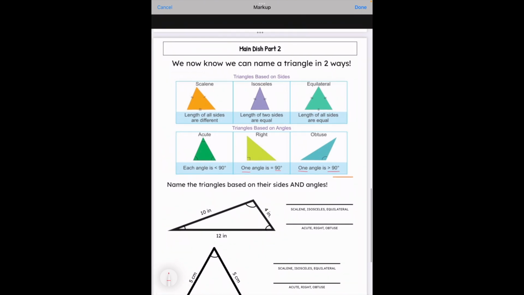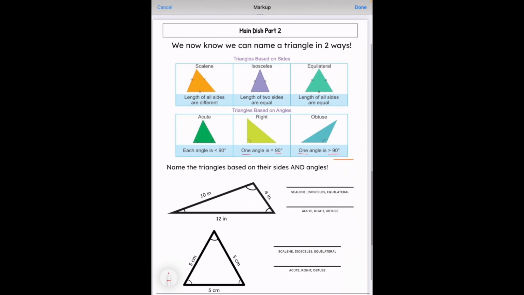So this time, we're going to name triangles two ways. We're going to name them based off of their lengths, their sides, and then we're also going to name them by their angles. So looking at this first triangle, I'm going to label with my dashes to help me out here.